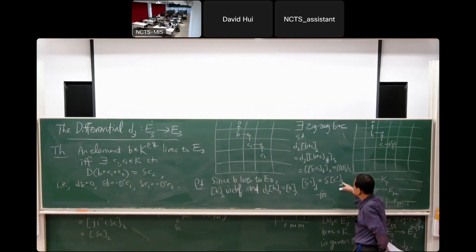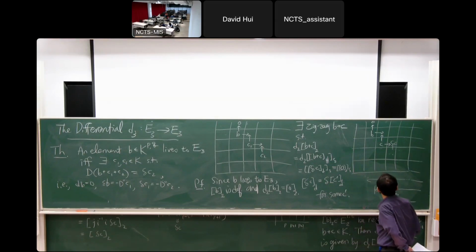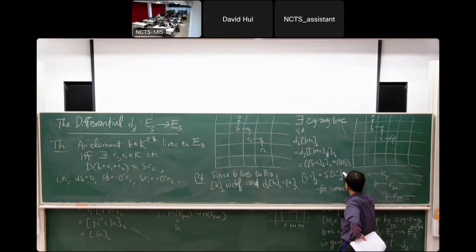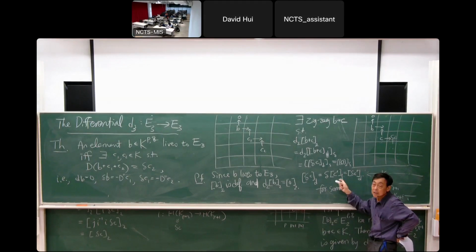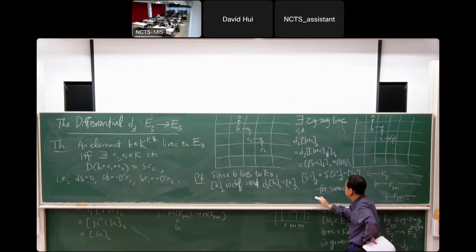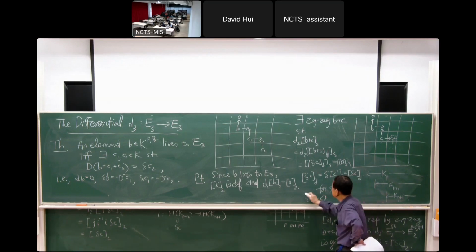Because its delta class is 0, it has to be delta of something. And so, okay, but this is the same as the class of delta C prime D. And so delta of C minus C prime D is 0.